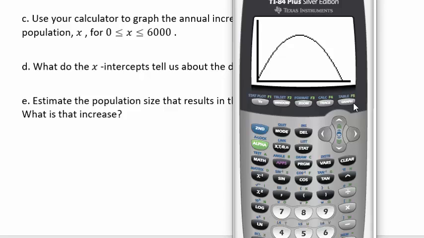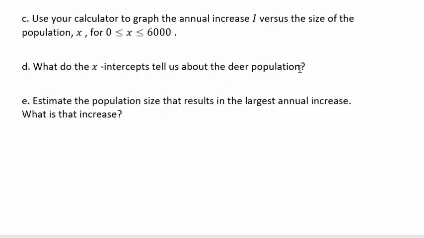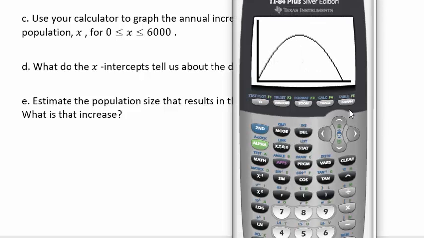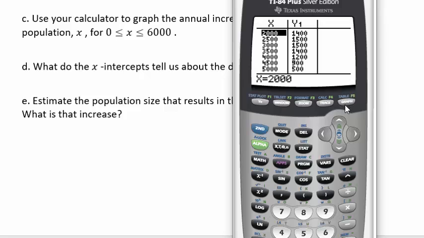Part D says, what do the x-intercepts tell us about the deer population? First let's look at where those x-intercepts are on the graph, and we can use the trace key to trace around. We see it's around 5,500, but we also saw from the table that that is where an x-intercept is at 5,500.